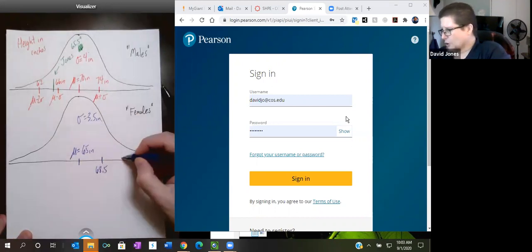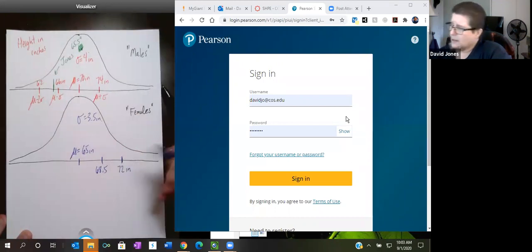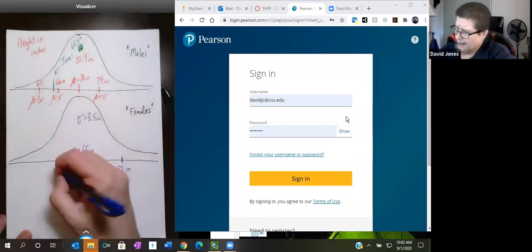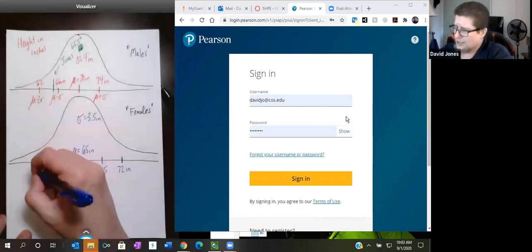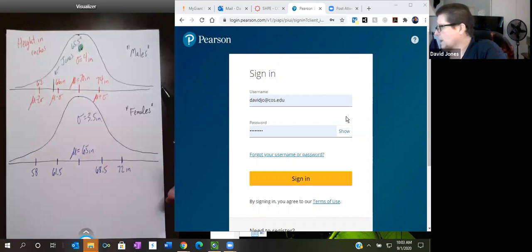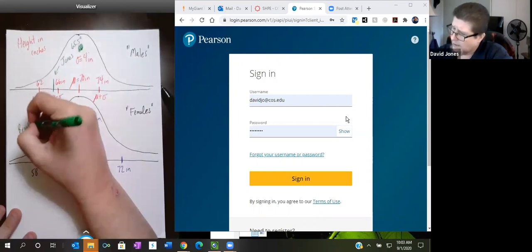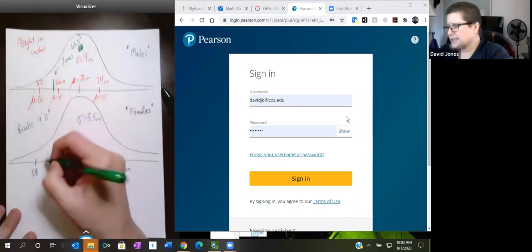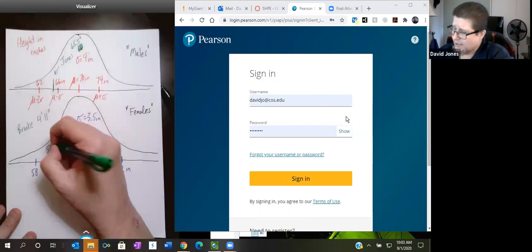And if I go up another 3.5, I'm at 72. If I go down, 65 minus 3.5 is 61.5. And if I go down again, we're at 58 inches. And Brooke was 4'11", 4 foot 11 inches, which means she's in this region right here with 59 inches.